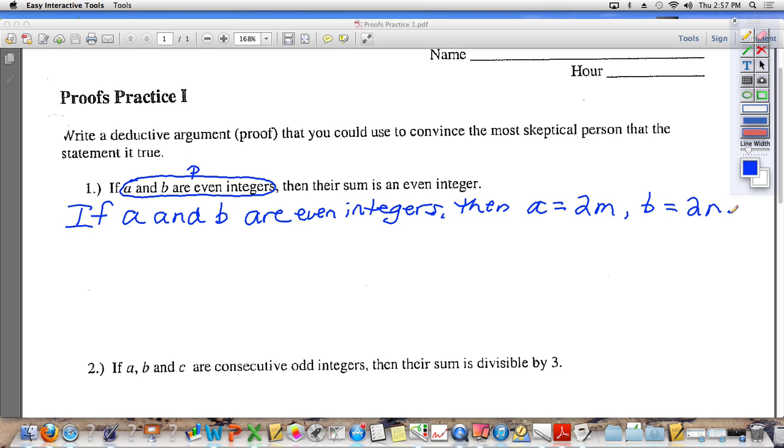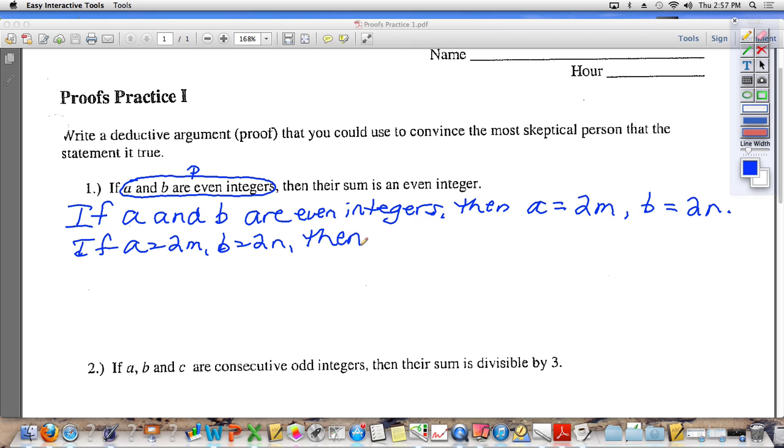And this is the part you're not going to like. This is the conclusion of the first conditional statement. You need to take this conclusion and rewrite it as your hypothesis for the next statement. So now you need to say that if A is equal to 2m, B is equal to 2n, then.